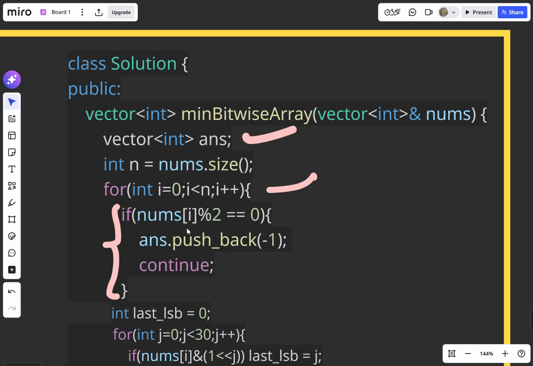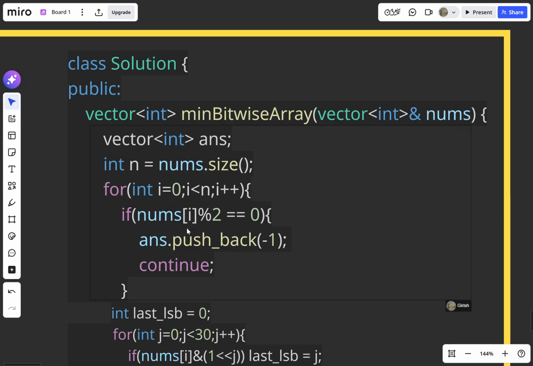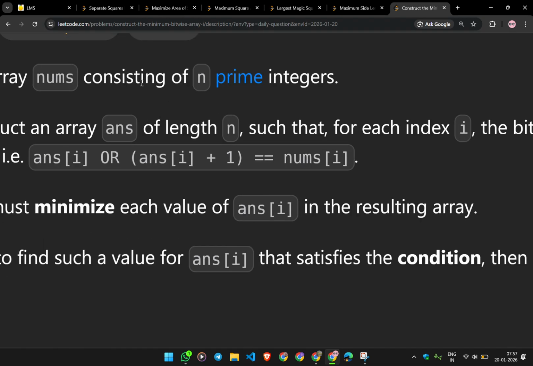Now, if nums of i modulo 2 is equal to 0, meaning we are checking whether it is even, then we will directly push back -1. But it is given here that all the numbers are prime integers.